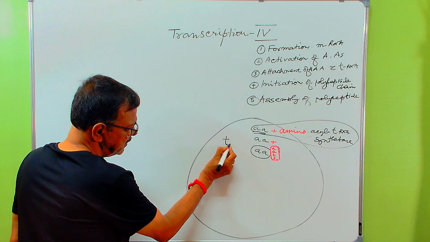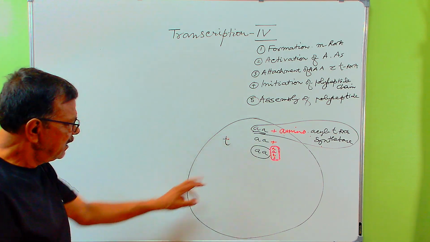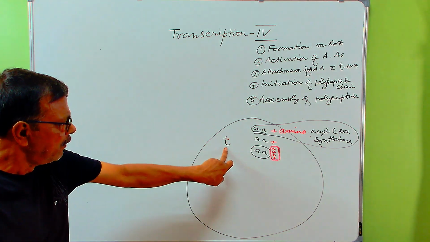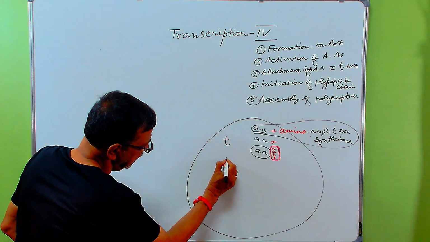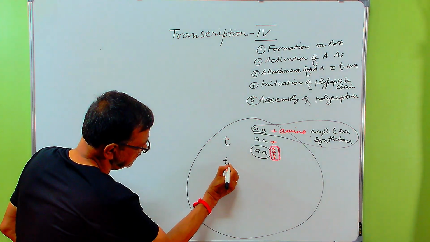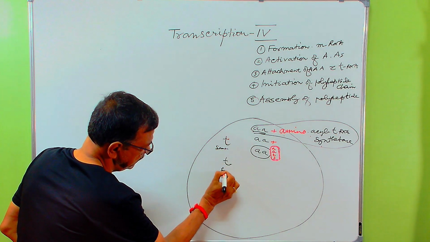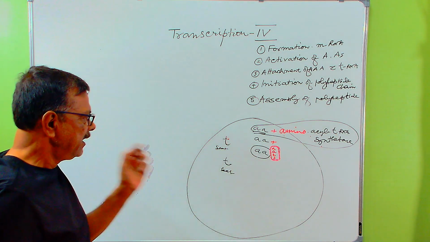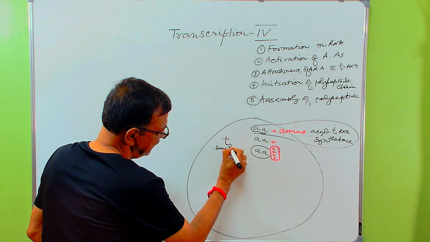So this is like a school bus, with one seat for an amino acid. In the school bus there are other seats where they will sit.